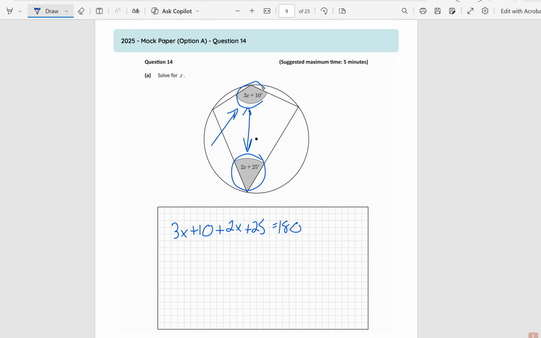Look at that, one equation, one unknown, just the x's. We can solve that quite easy. So we have 5x plus 35 equals 180. Minus 35, that will give us 145. So 5x is 145, divided by 5, and we'll get x equals 29 degrees.